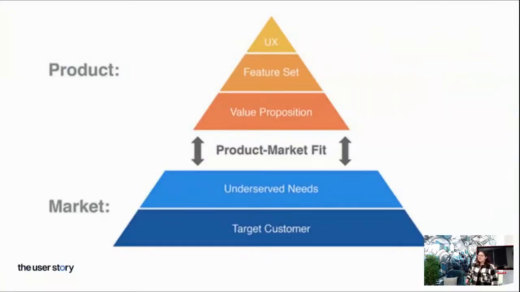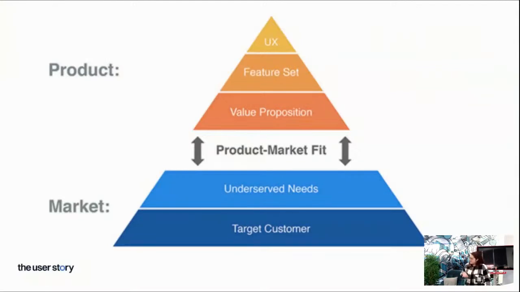Product market fit, for those of you who aren't super familiar with it, is effectively, in the most basic sense, you want to make sure that the market that actually wants to use a thing and the product that you're creating fit together nicely, like in this pyramid. You can have a set of people with a problem or a need, and then you can also have a product with some features and some UX on the top there.